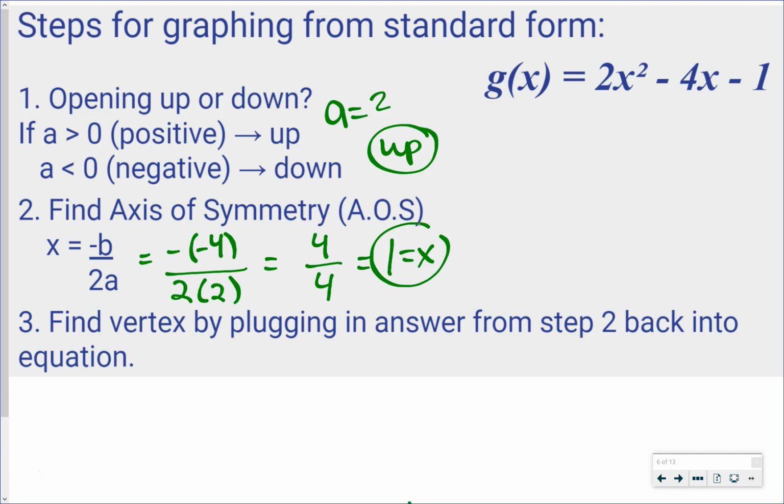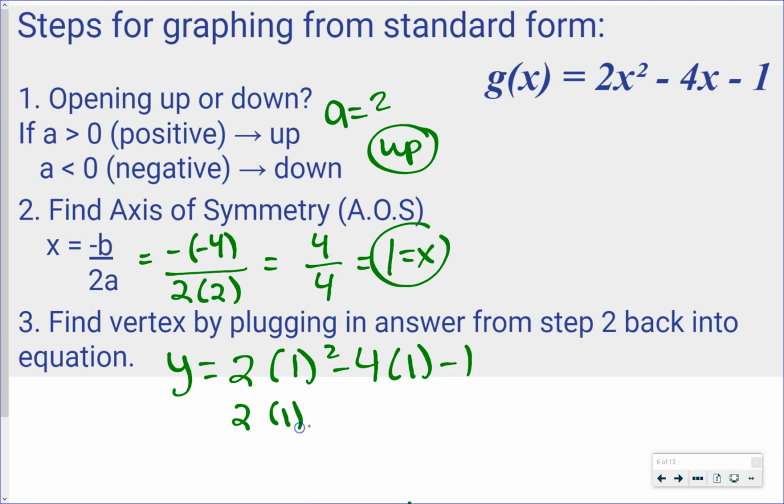All right. What does that also give me? Your x here. So you can plug it in. I'm going to plug it in because it gives me the x of our vertex. So to find the y, because this function is also equal to y, we plug it in. So y is equal to 2 times 1 squared minus 4 times 1 minus 1. So exponents first.